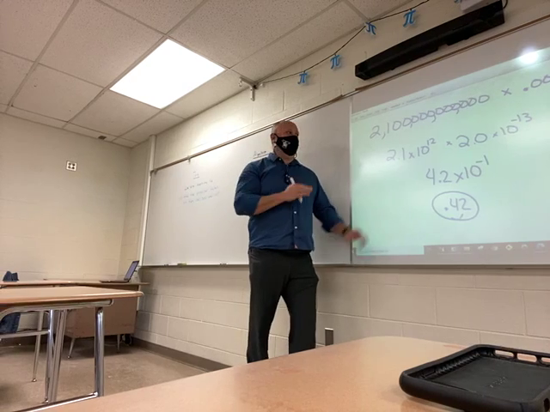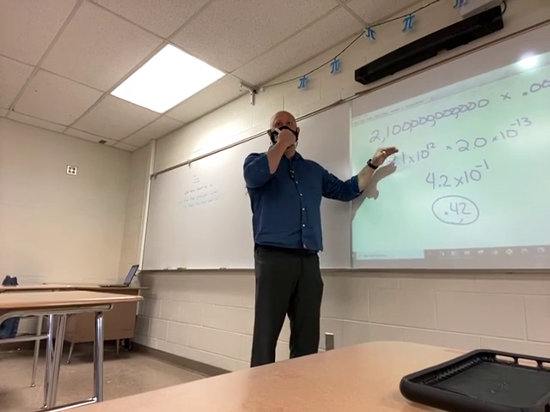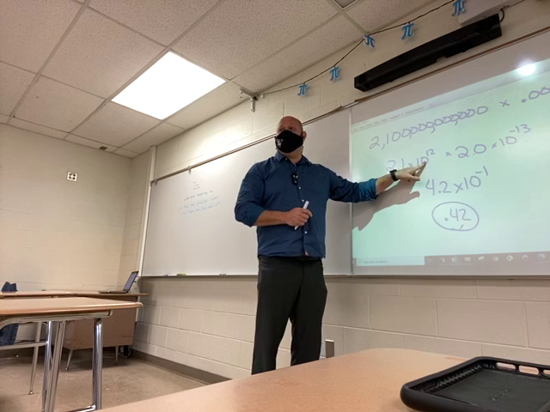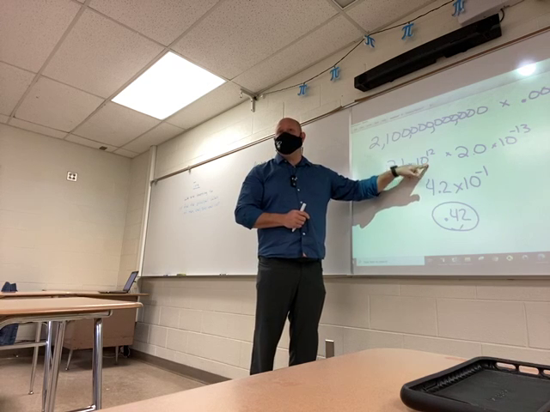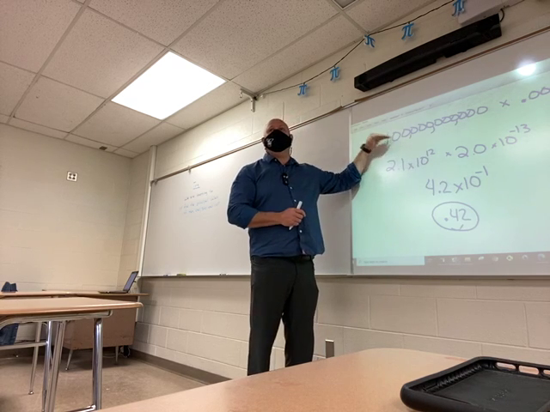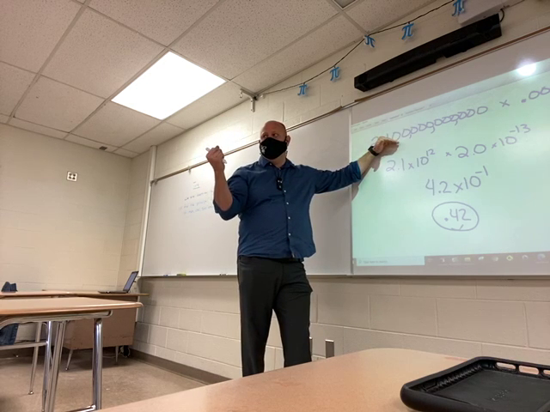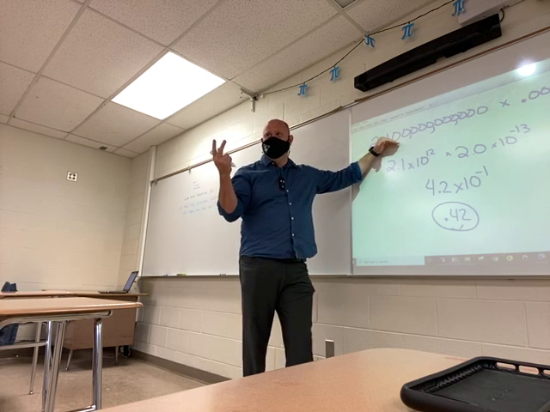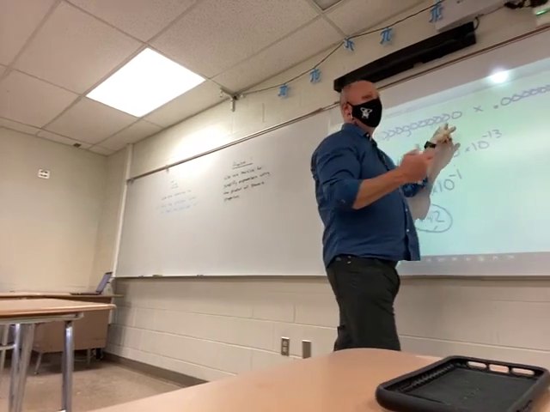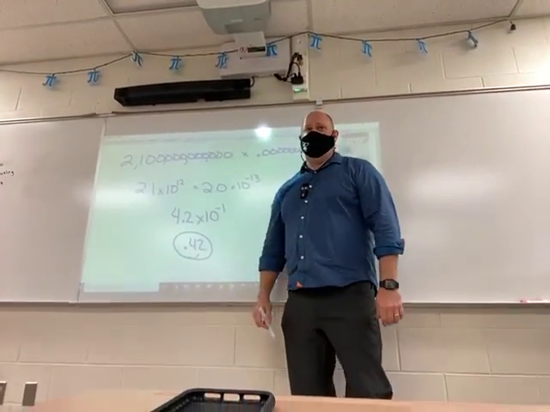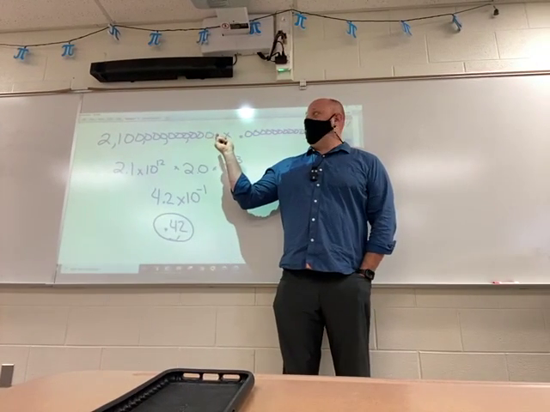So the combination of scientific notation with our new property, where all we have to do is add the exponents if the bases are the same, one of the uses is it helps us multiply really big or really small numbers super easily. Make sense? And again, like this problem right here, most basic calculators can't do this.